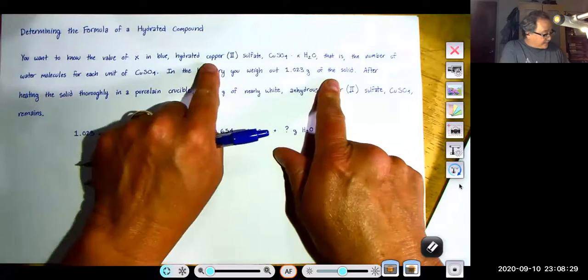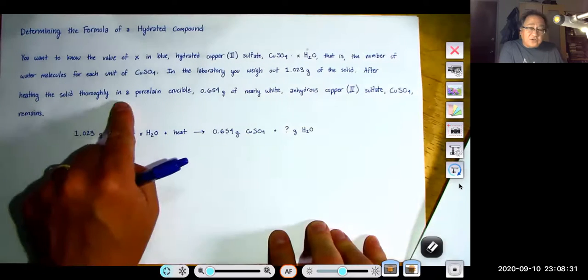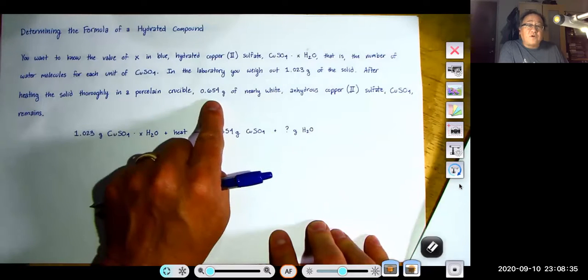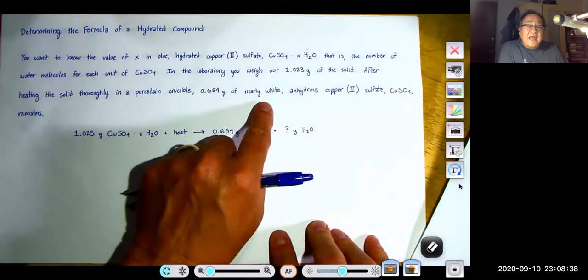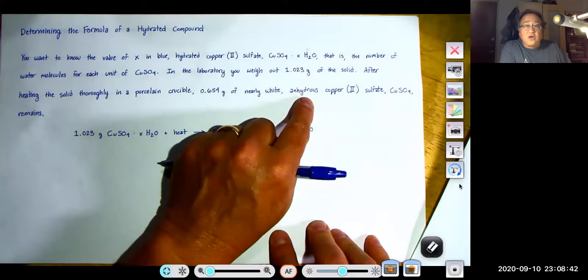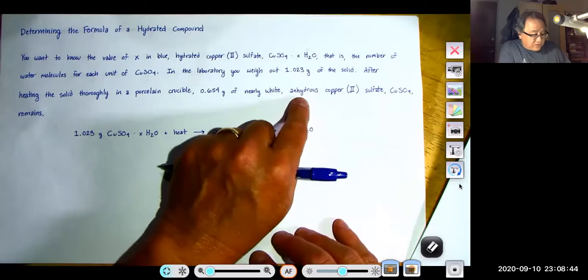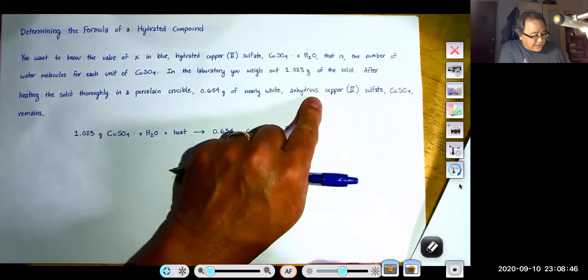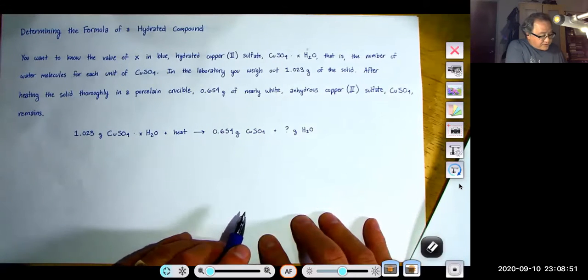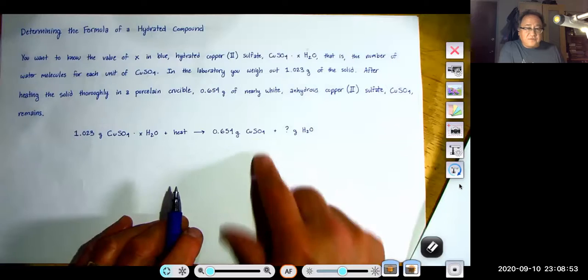So that's the hydrate. After heating the solid thoroughly in a porcelain crucible, you have 0.64 grams of nearly white anhydrous copper 2 sulfate. An means without, hydrous, water, without water, or I should say hydrate. So we have 0.64 grams of copper 2 sulfate.